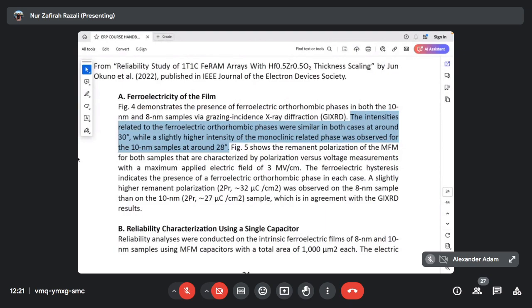For example, as you can see here, the intensities related to the ferroelectric orthorhombic phases were similar in both cases at around 30 degrees. That's a report. While a slightly higher intensity of the monoclinic related phase was observed for the 10nm samples at around 28 degrees, that's also another report.